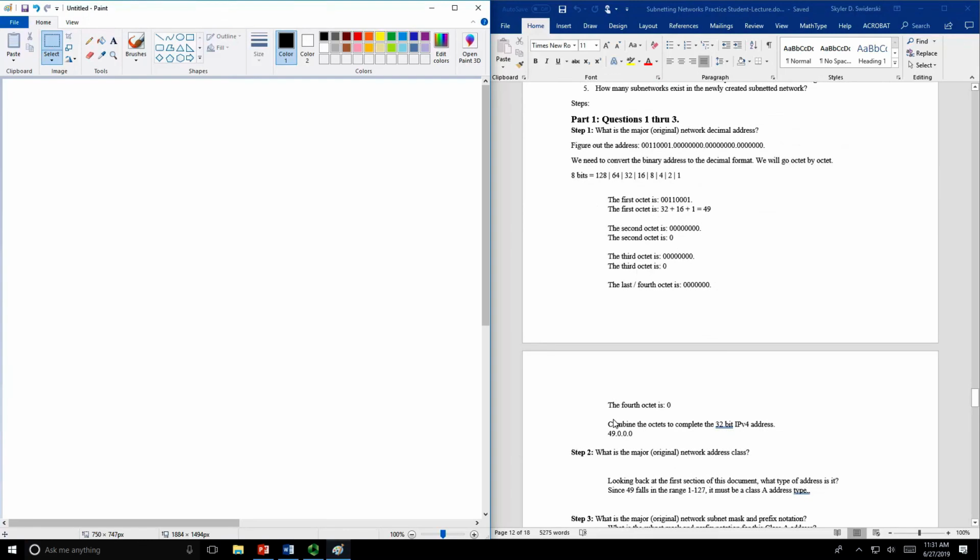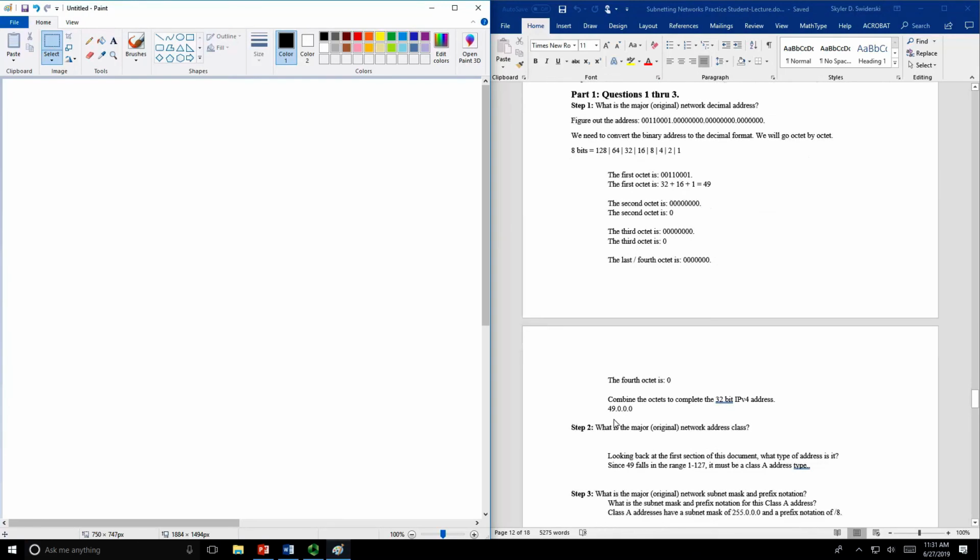So moving to part 1, step 1, we will be converting the octets. In this case, we only had to work with the 32, 16, and the 1 bit, which add up to be 49. And because all the other octets are the same, which are all zeros, our address is 49.0.0.0.